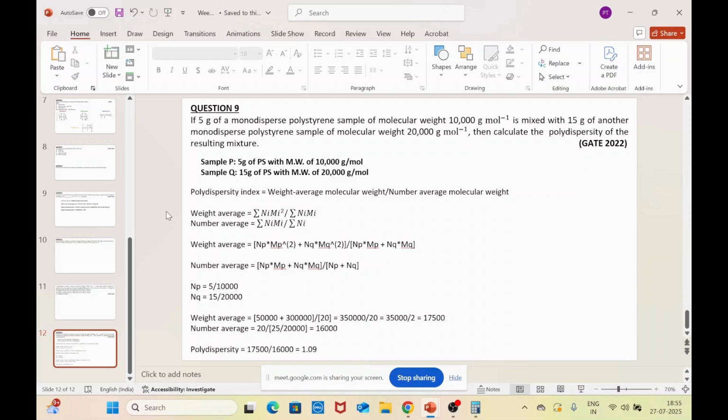So why is that the case? If any of you have answers for that, then please let me know. I am actually giving it to you as a question: why can this polydispersity index not be less than 1?